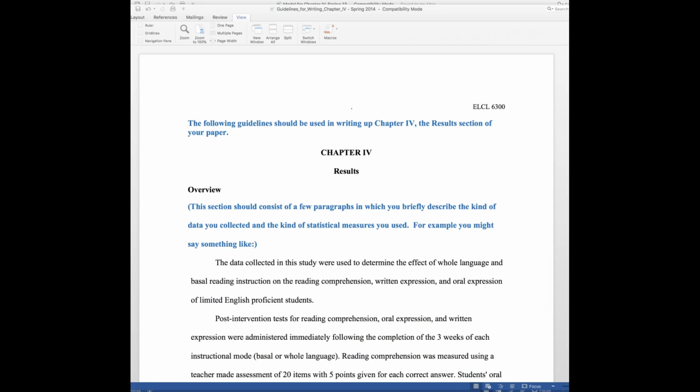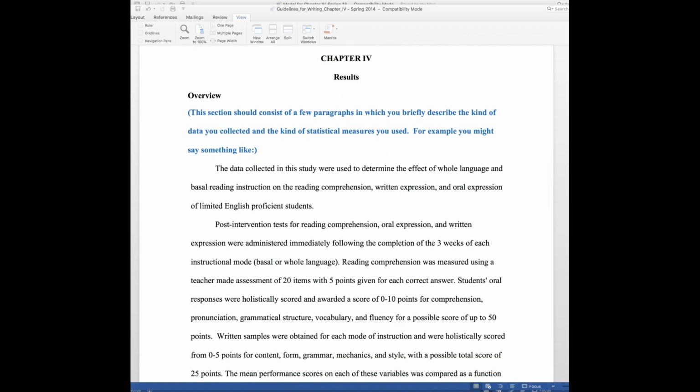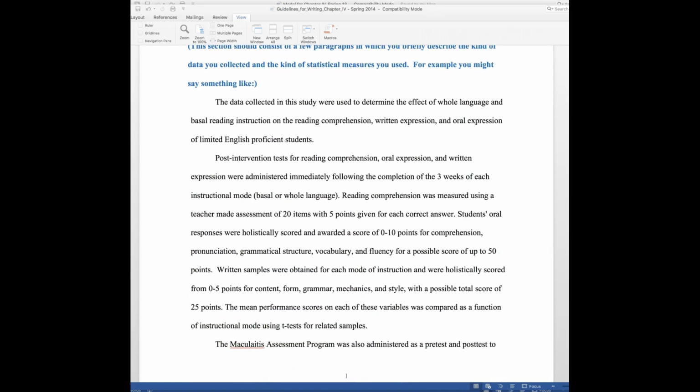So to begin this chapter, you need an overview, and the overview should include a restatement of the purpose of your study and your general hypothesis. So it should be just a really short overview of what you're trying to do, and then an overview of what kind of tests you administered. This one says post-intervention tests immediately following 3 weeks of each instructional mode.